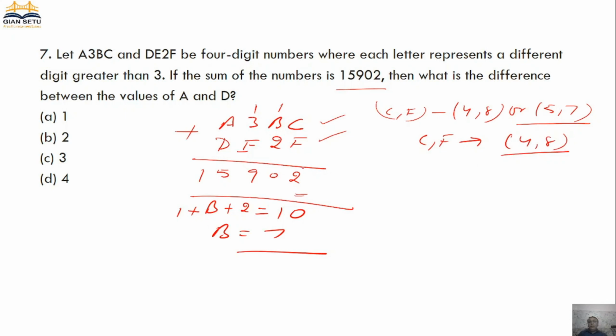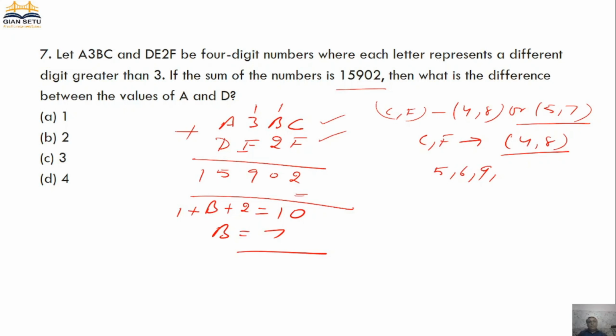Now we have used 4, 8 and 7. The remaining digits are 5, 6 and 9. We have used 7, 4, 8 and now we are left with 5, 6, 9.